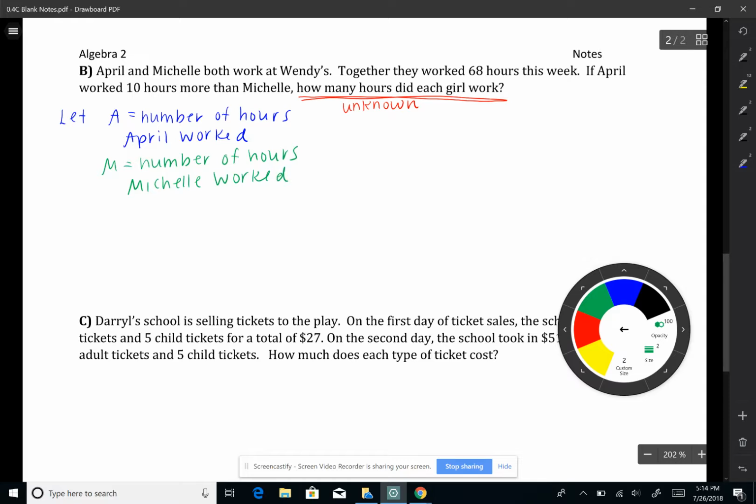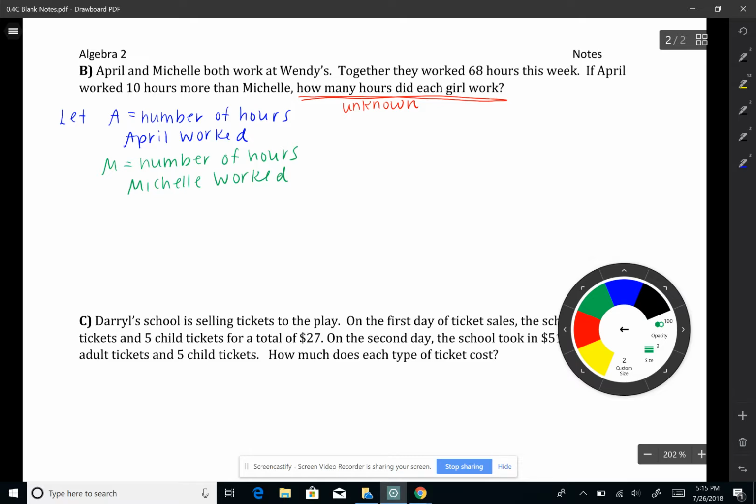Okay, so we know we're looking for the number of hours each girl worked. We have identified our variables as A and M. Now we go back to our problem and try to find two sentences or phrases that will help us write two different equations. So I'm going to go in here and start reading again.